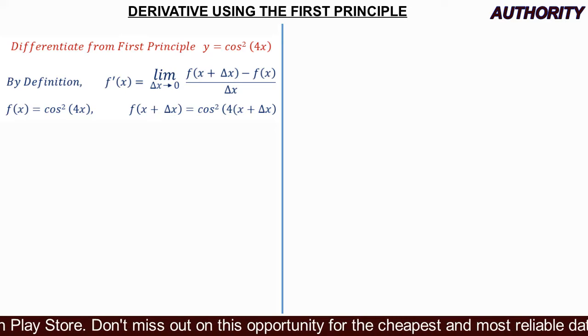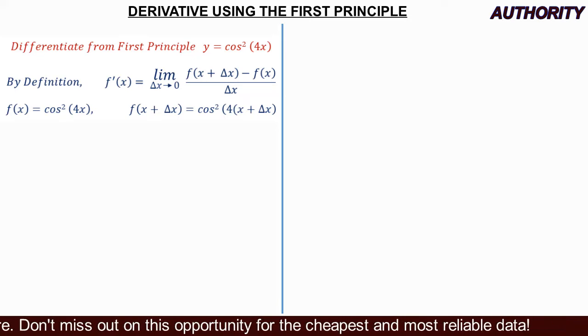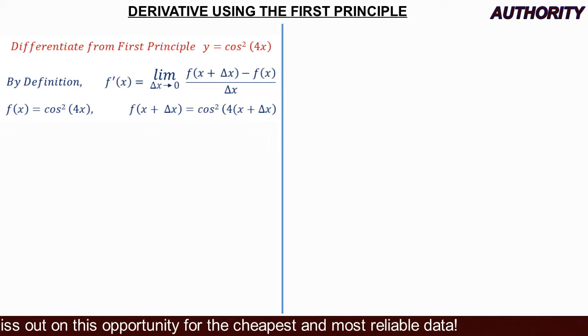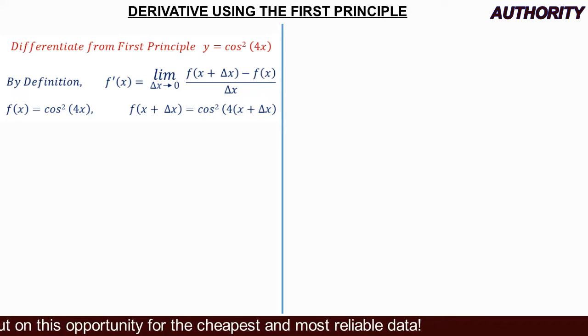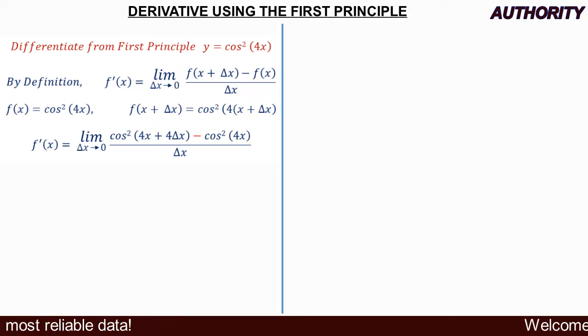We are going to bring it into the definition that we have, which is equation 1. So f prime of x is equal to limit as change in x approaches 0. In place of f of x plus change in x, we have cos squared of 4x plus 4 change in x, minus, in place of f of x, we have cos squared 4x, all over change in x. Are we together? So we give this equation 2.